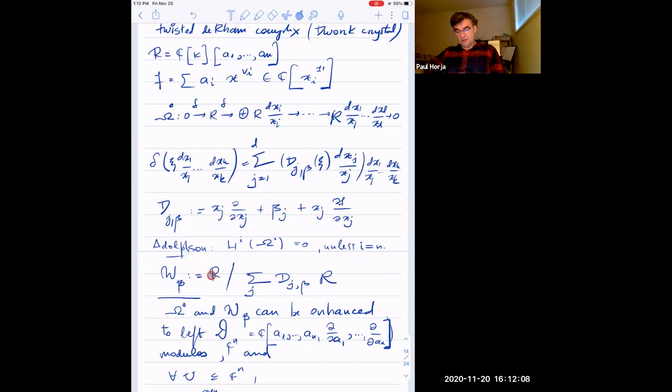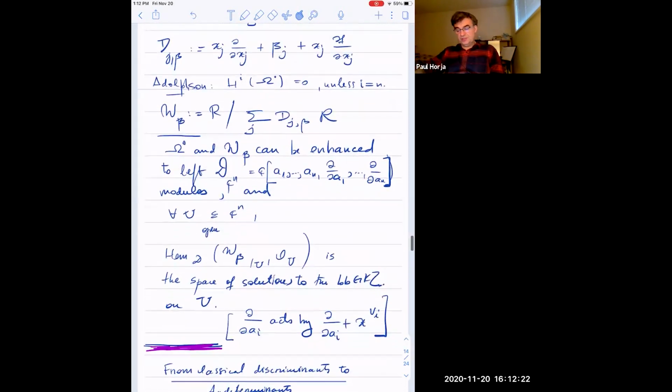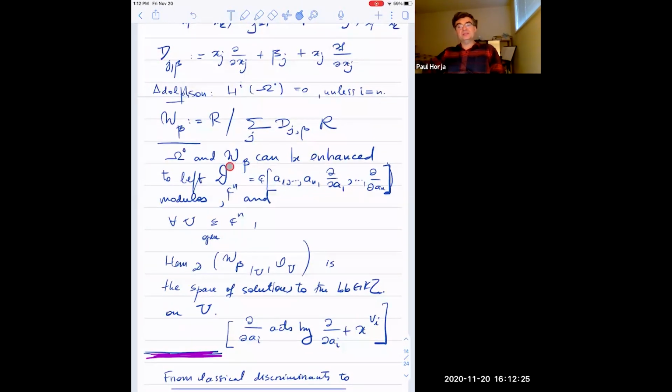In that case, this module is going to be R over this ideal, and the ideal again is defined by these twisted operators. The connection with the D module is that this can be enhanced, which, as I said, is quite crucial in this story of crystals, to left D modules. One can then show that the solutions to this W beta, which is now viewed as a D module, are exactly the space of solutions to this BBGKZ.